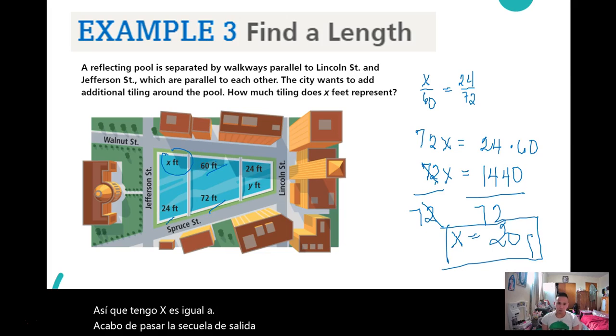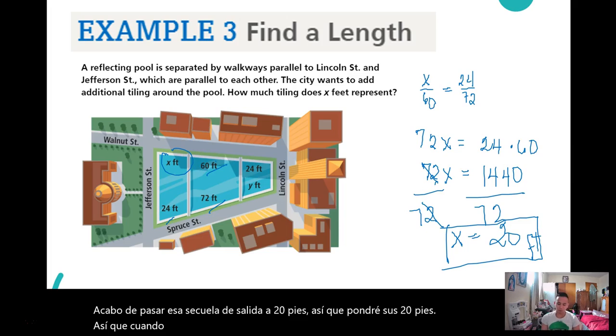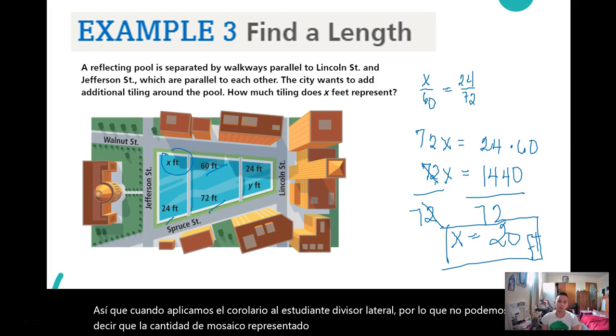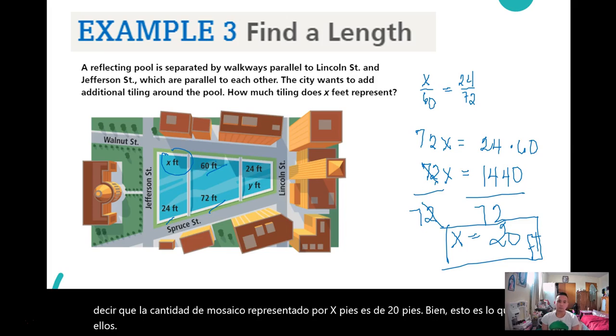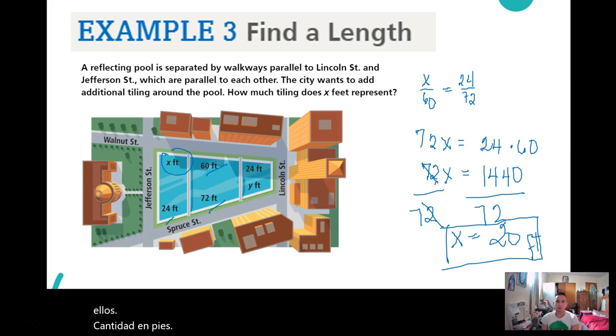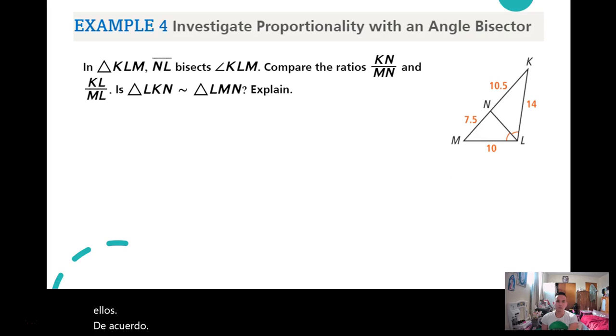When we apply the corollary to the side splitter theorem, we can now say that the amount of tiling represented by x feet is 20 feet. This is the amount in feet.